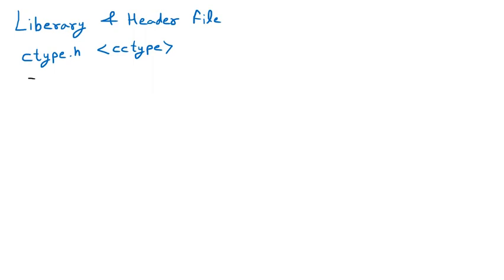First and foremost, it contains inbuilt functions to handle characters. Well, any header file which we are taking has some inbuilt functions.